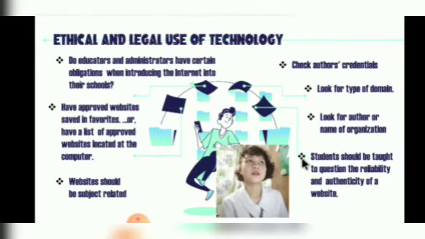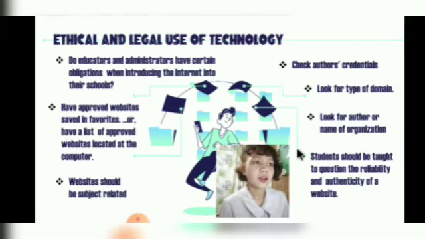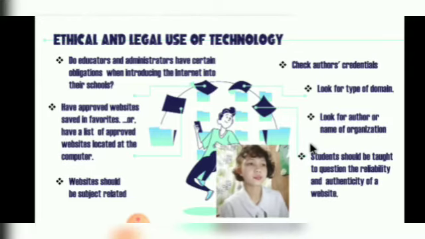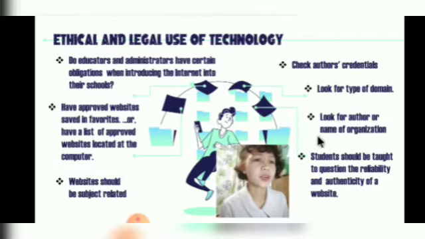Like, at what stage should your students be, what level of understanding should they be learning. Those technologies you are introducing to them must be appropriate for their level of learning, level of understanding. Now look for the author or name of the organization.